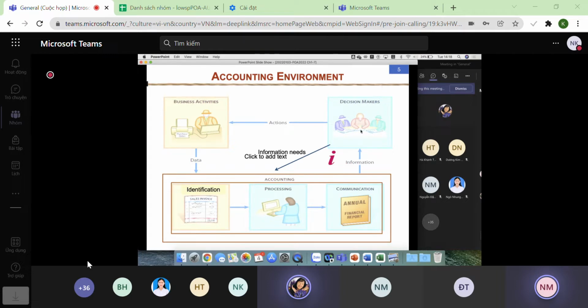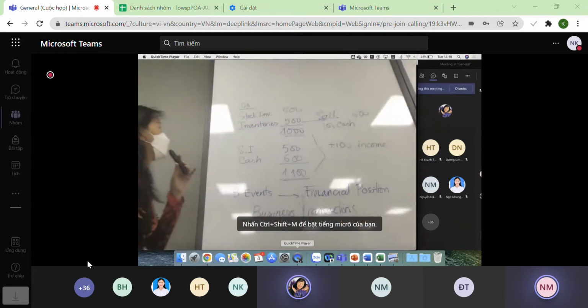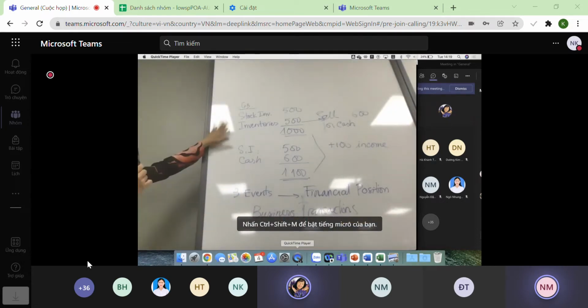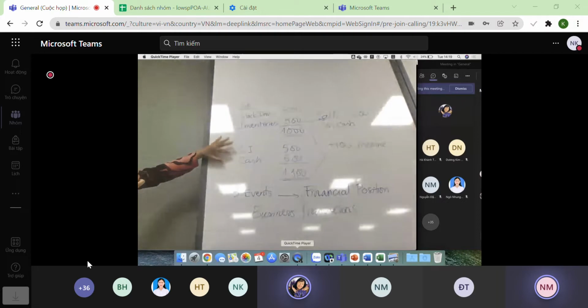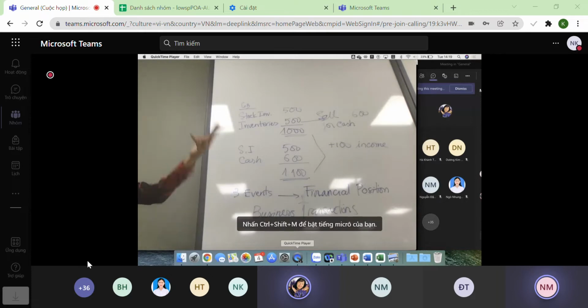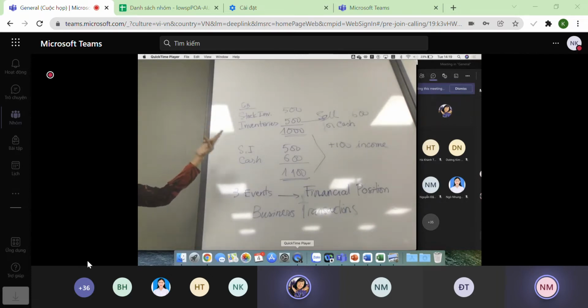So who needs the information? For example, with group number 3, suppose the teacher lends group number 3 $1,000.